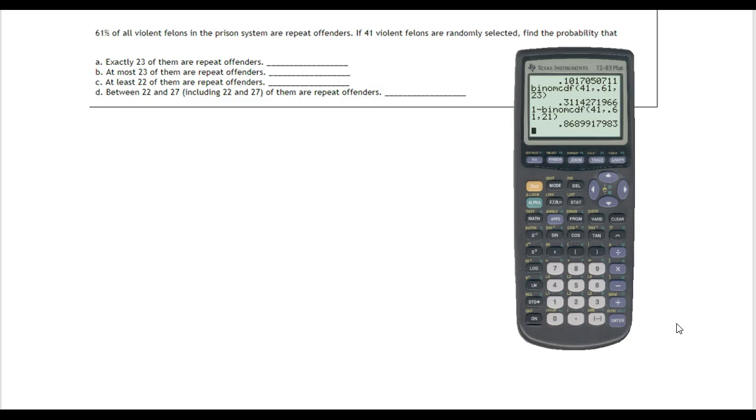And then the last one, this one's a little tricky because we're looking between two values here. We're looking between 22 and 27. So less than 27 but greater than 22.